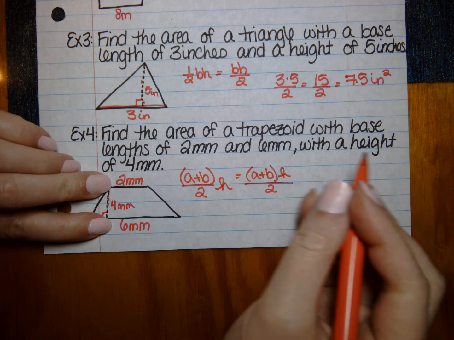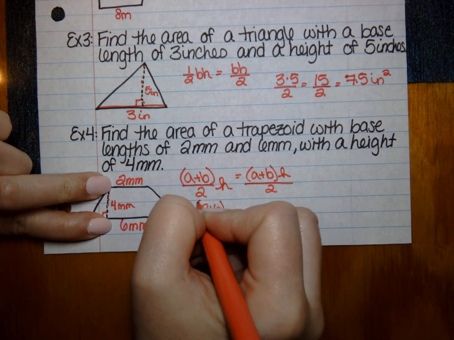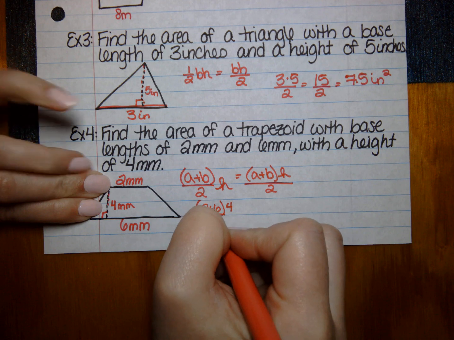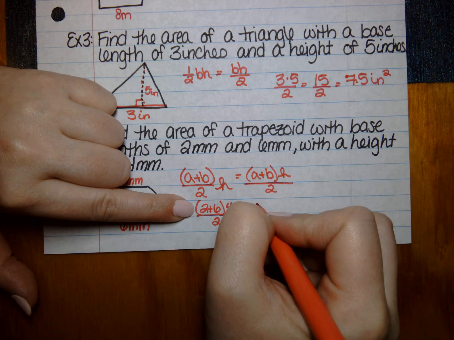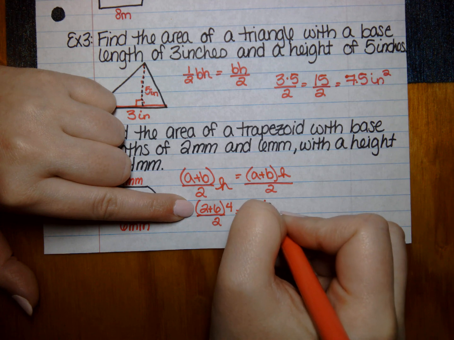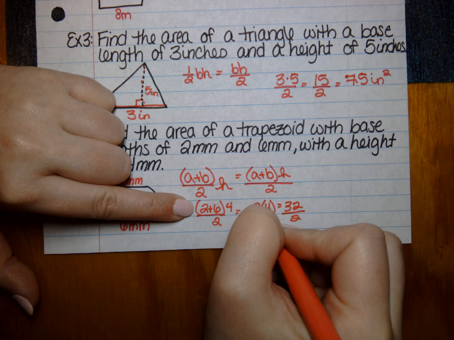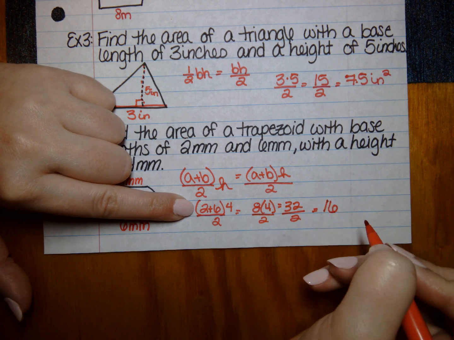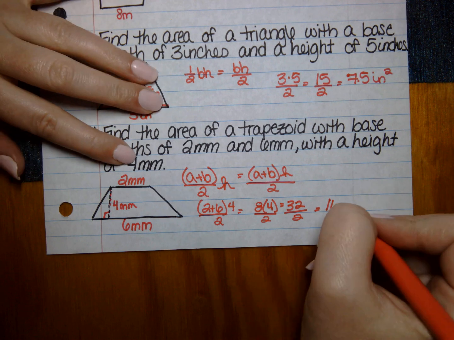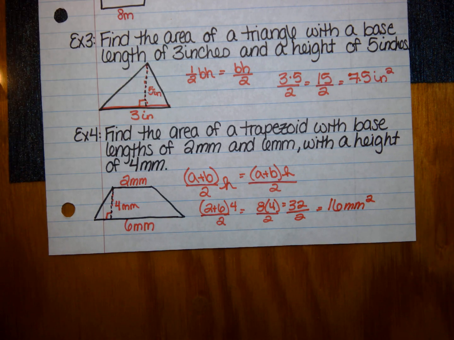So when I add my bases together, 2 plus 6 times my height of 4 divided by 2. 2 plus 6 is going to give me 8, times 4 gives me 32, and then I have to divide it by 2, which is going to give me 16. And since I'm finding area, it's going to be millimeters squared.